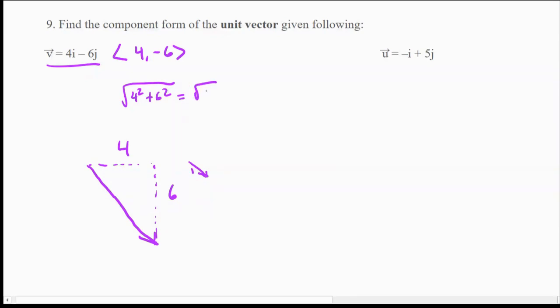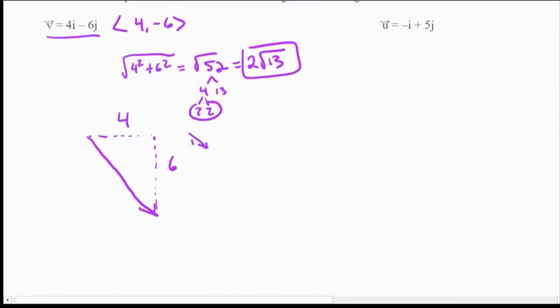So I get the square root of 52 here, which if I simplify this, that's 4 times 13, so 2 root 13. So that's the exact magnitude of the given vector here.